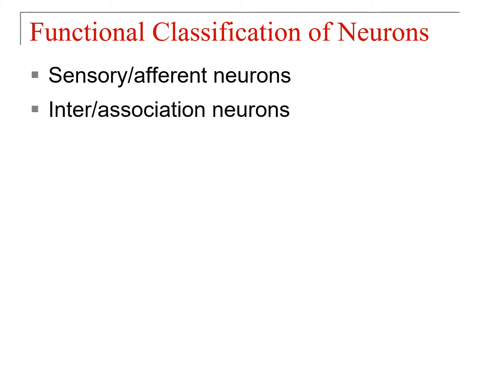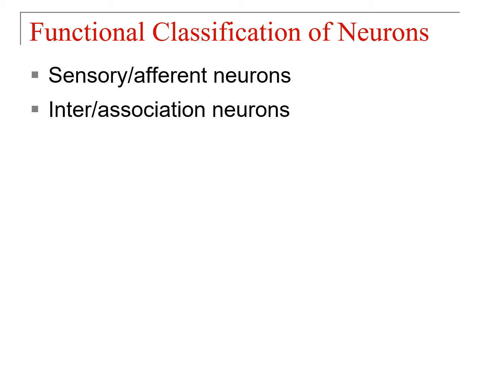Okay, now if we classify neurons by function, you're going to have sensory or afferent neurons, and these are responsible for bringing information into the inter or association neurons, which are usually involved in either integration of signal, in other words, assembling a lot of different signals into one bigger picture, or association, which transmits signal from one neuron to another as you're moving from the peripheral nervous system to the central nervous system.